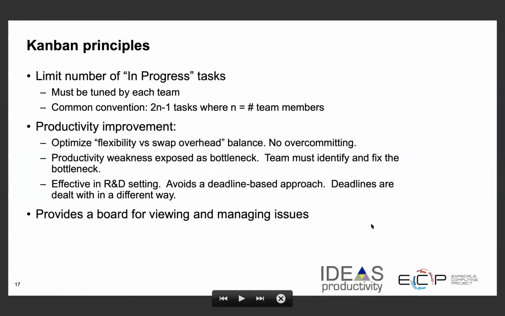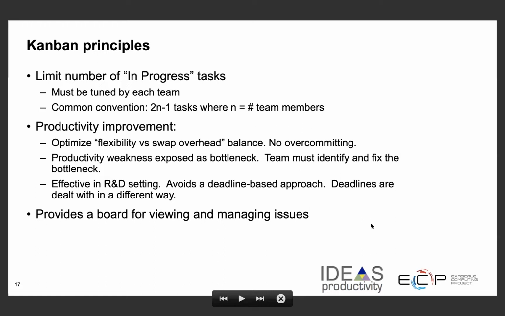So I mentioned that there were some Kanban principles. The Kanban principles are very simple, and it basically says that this board is used for you to make progress in life on your project, whether the project is your entire life or whether the project is your multiple projects at work. So there are always things in progress going on. And one of the principles is that you limit the number of tasks in the in progress column.